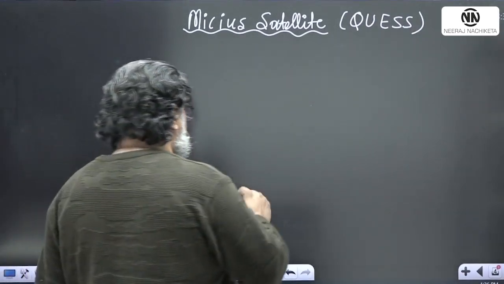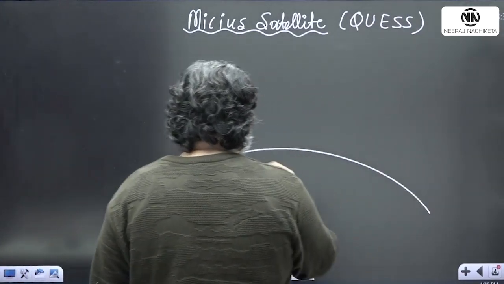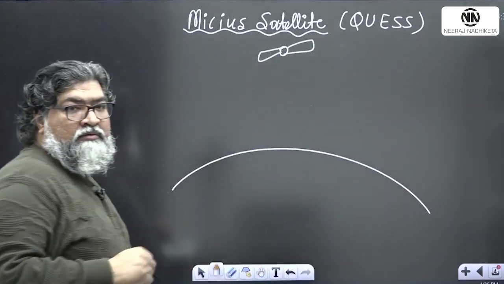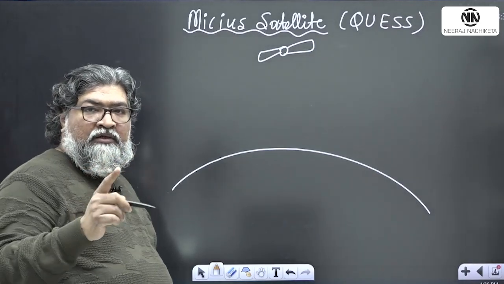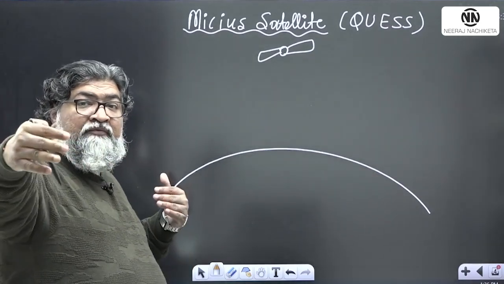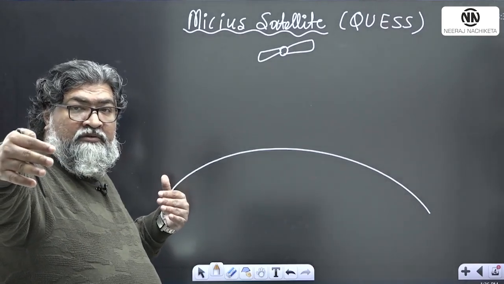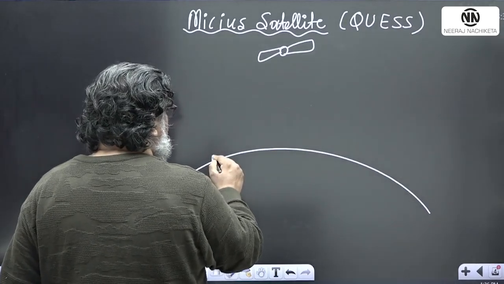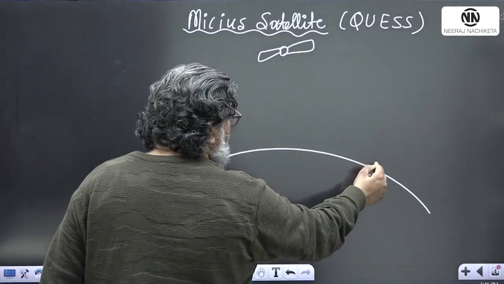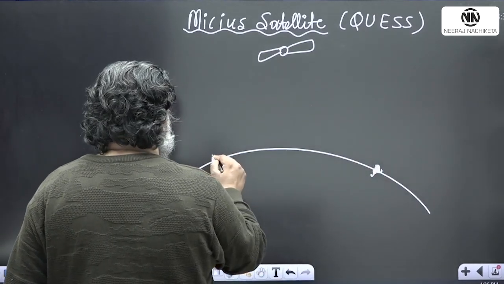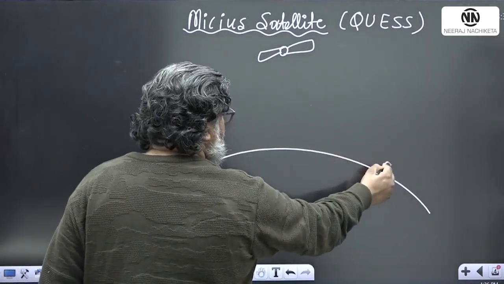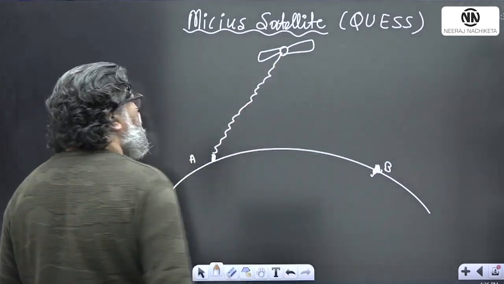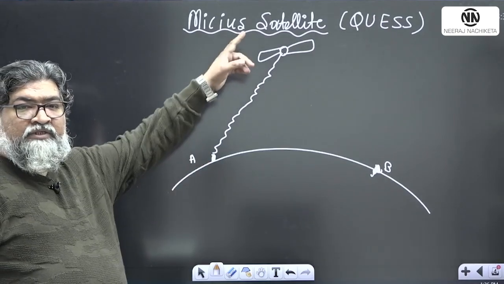What China did was that it used this satellite and two parts of China, which were separated by more than 500 kilometers. So they used this point A and this point B. The data was sent from point A to the satellite.